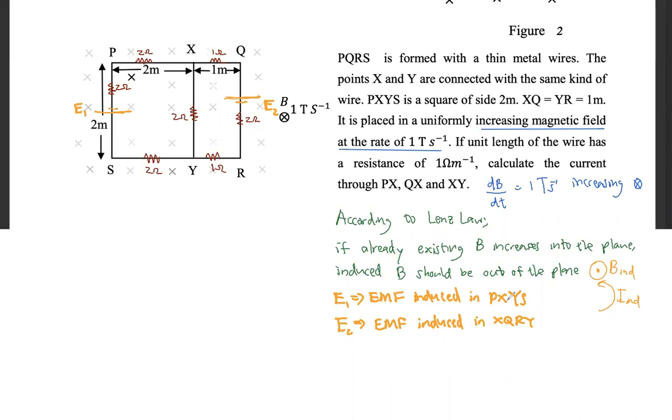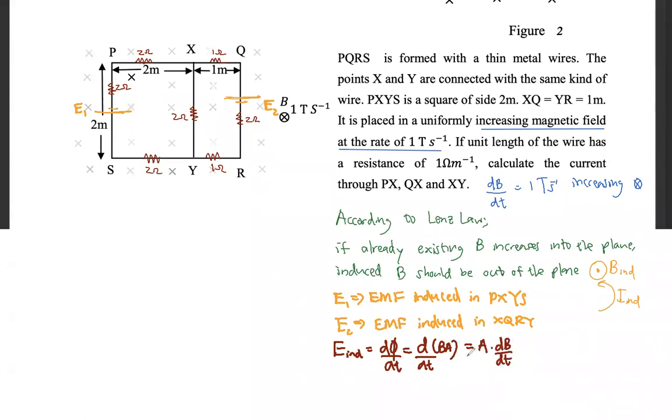All right, fine. Now what is the equation for induced EMF according to Faraday's law, people? We all know induced EMF according to Faraday's law is given by dΦ/dt, which can be written as d(BA)/dt, so that can be written as A · dB/dt.